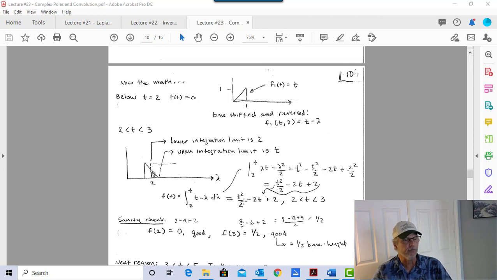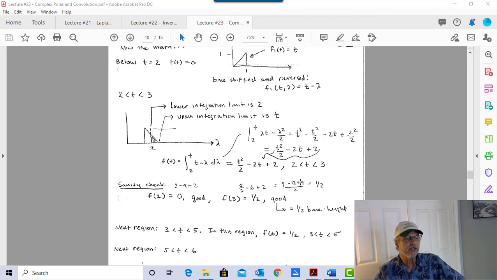So that's a fairly straightforward integral. I go through all that and I end up with this function right here. f of t is equal to t squared over 2 minus 2t plus 2. And that is valid for 2 less than t less than 3.